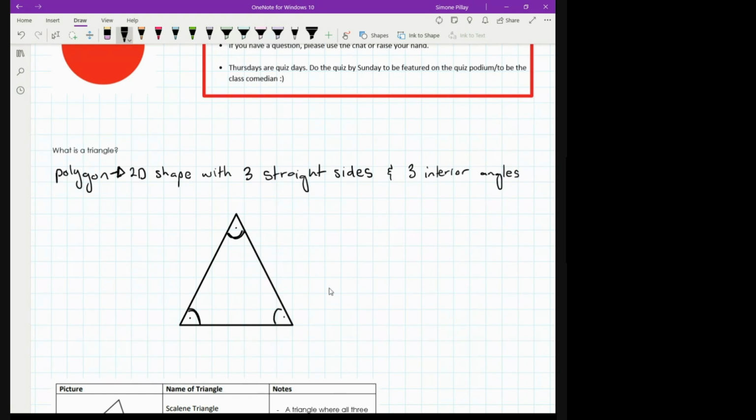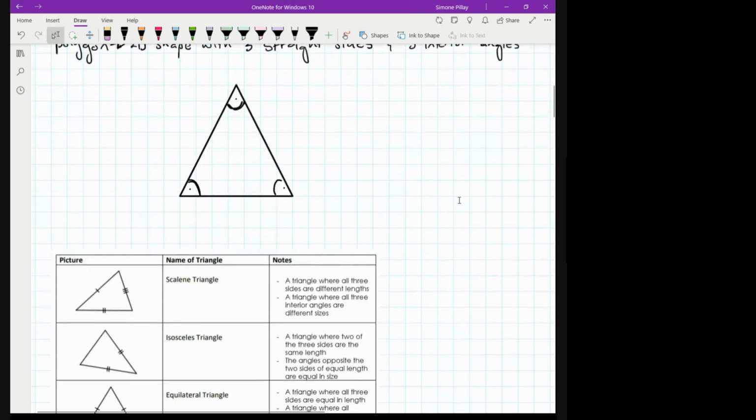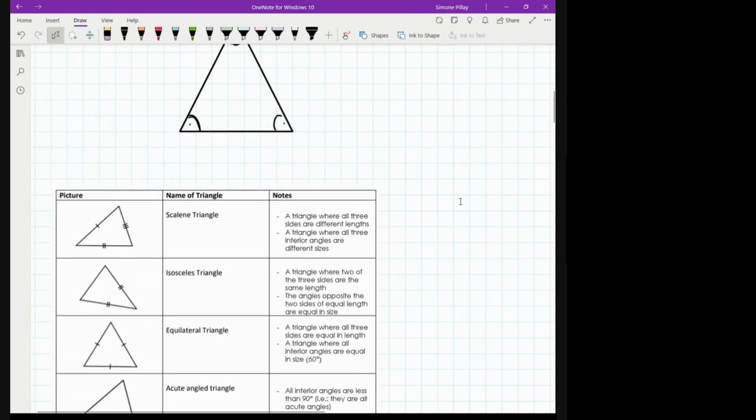Now, triangles are super fun shapes in maths because there's a lot of ways that you can classify a triangle. The first thing we can do is classify a triangle based on the length of their sides.